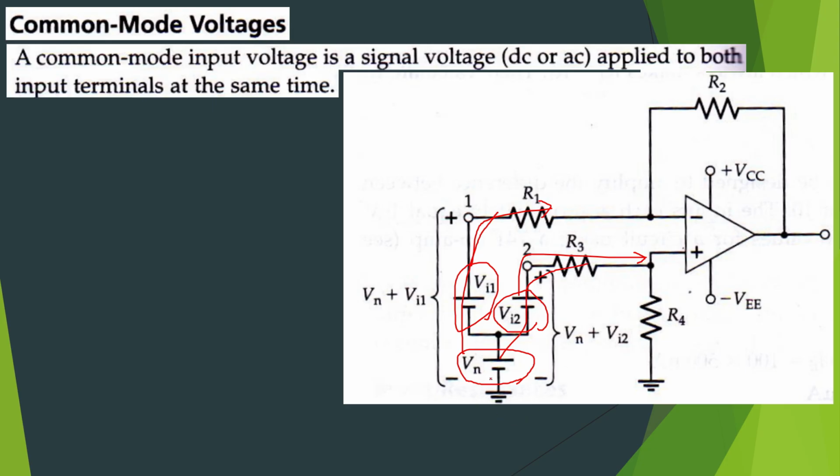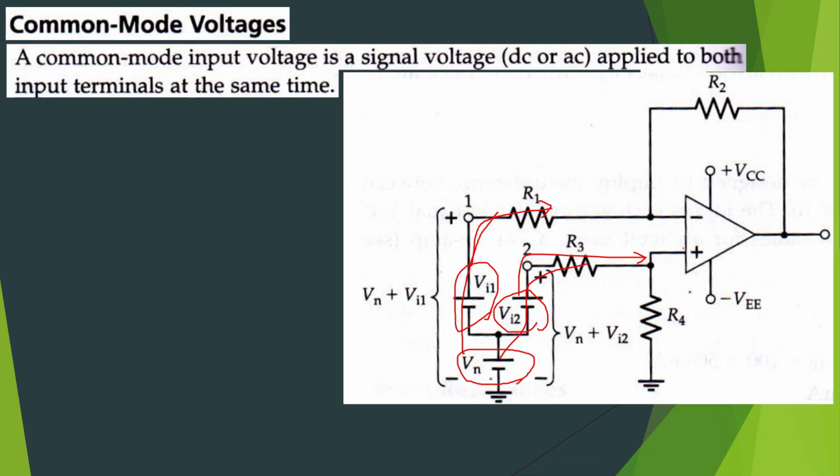Normally this input, of course it is shown as a DC signal, is going to be the unwanted noise signal. So only noise signals will appear on both the input terminals.